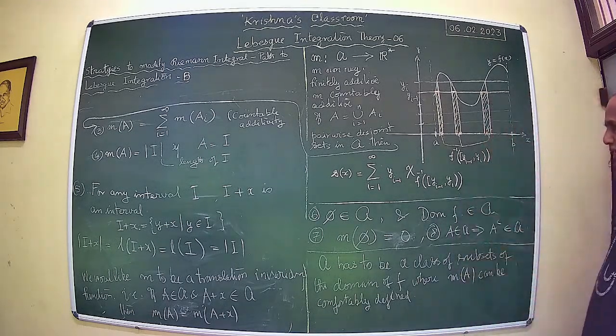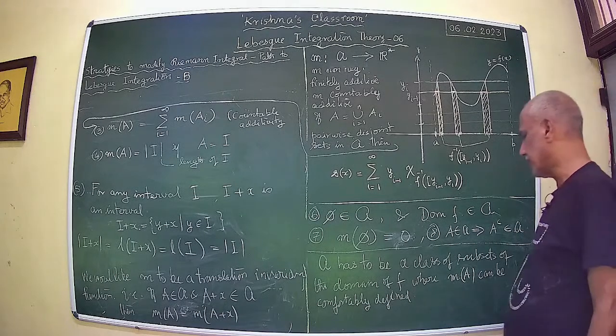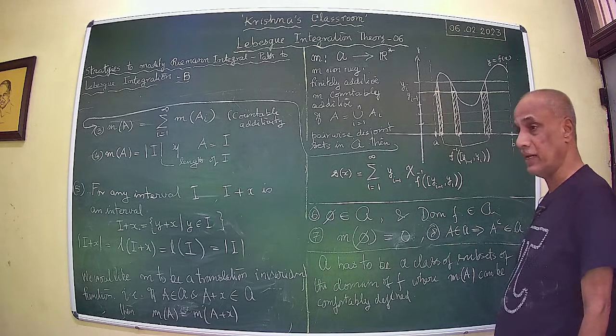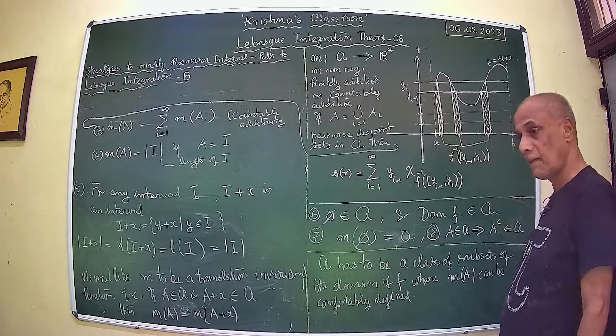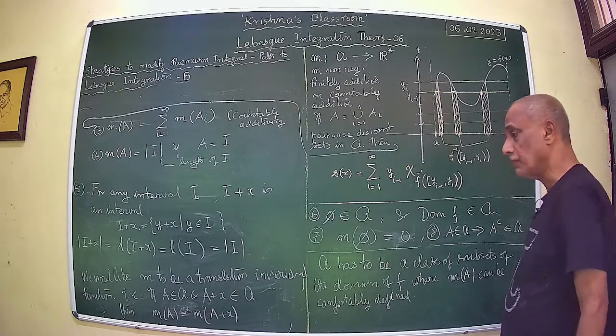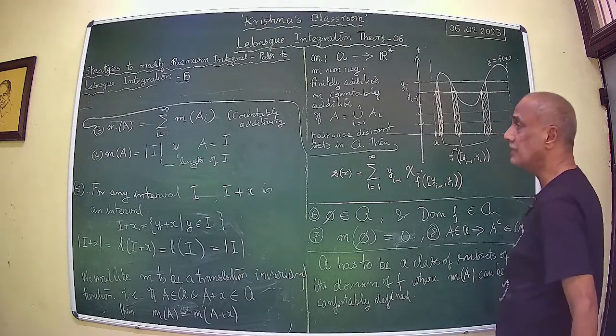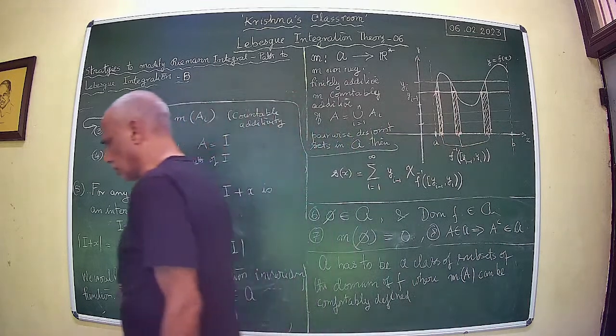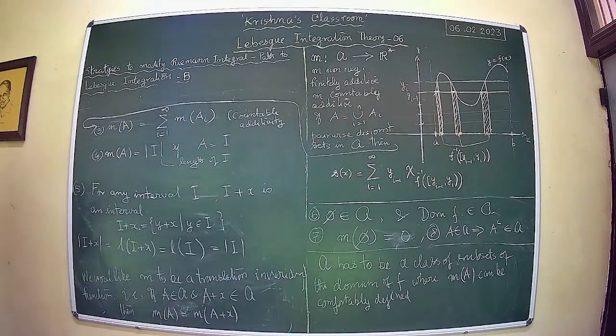These are all the desirable preconditions that you would like script A to satisfy, so that you can comfortably define such a function, if at all it is possible. There is a lot of constraint here, like countable additivity, which is a big constraint.